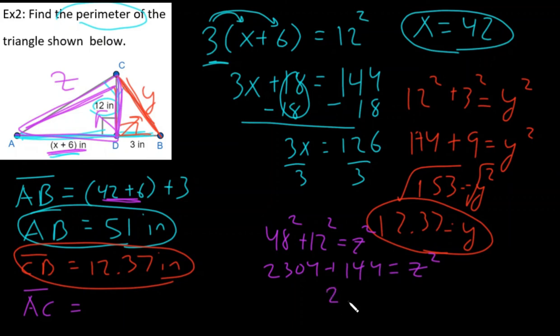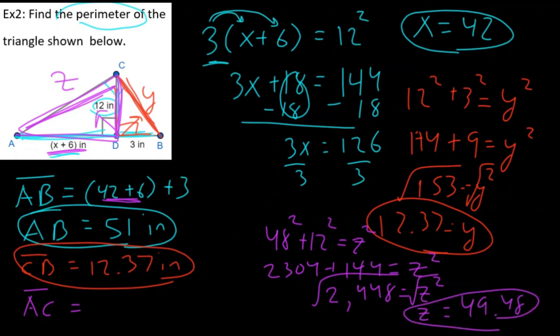That would give us 2,448 is equal to Z squared. And how do you get rid of a square? Of course, we will take the square root of both sides, and it turns out that Z is going to equal 49.48. And so I can come back over here to AC and write 49.48 inches.